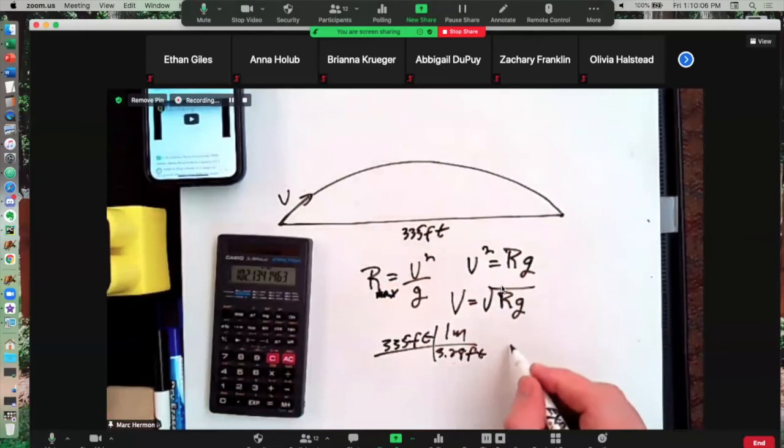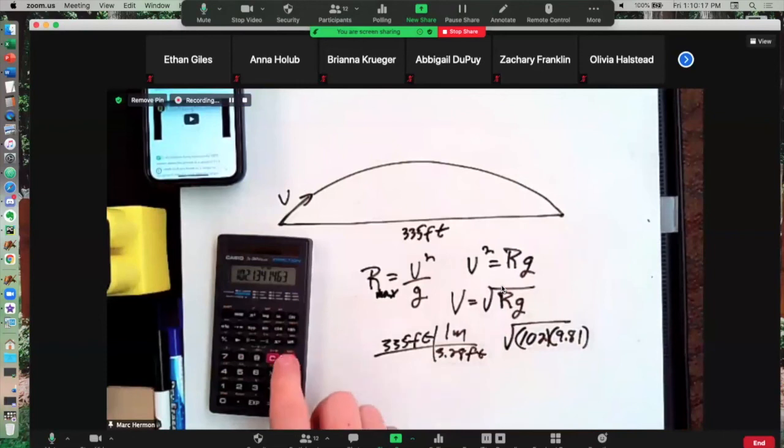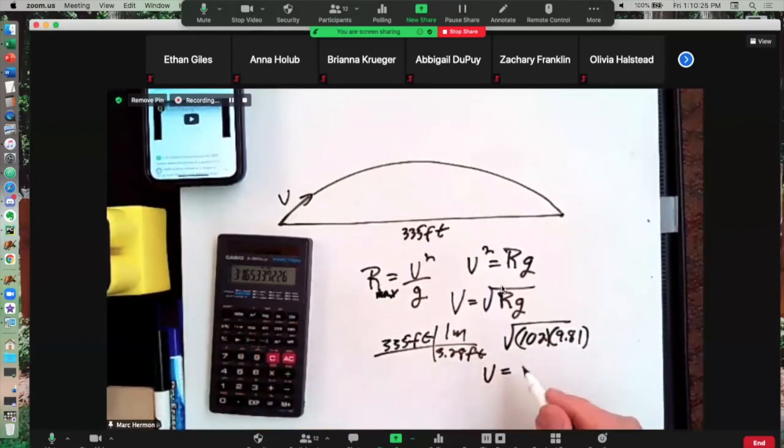That's the range. So square root of 102, close enough, times 9.81, right? And then I'm going to square root that. And I get a velocity of 31.7. That's meters per second.